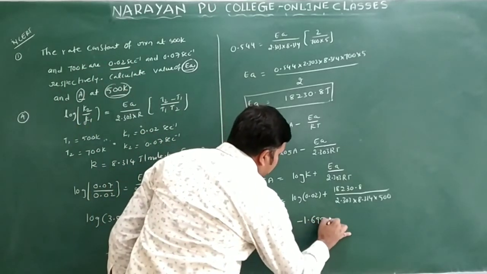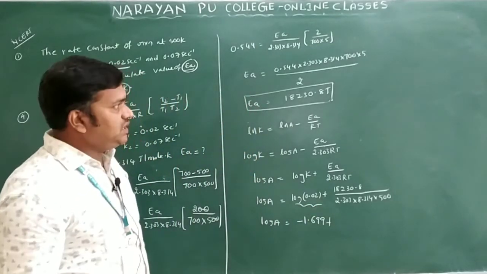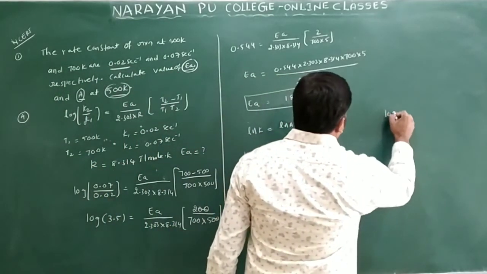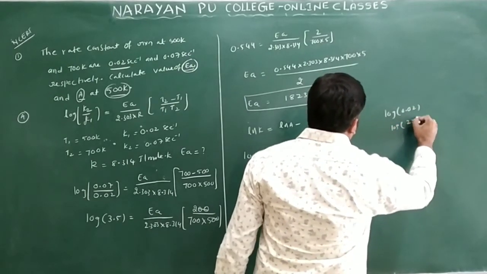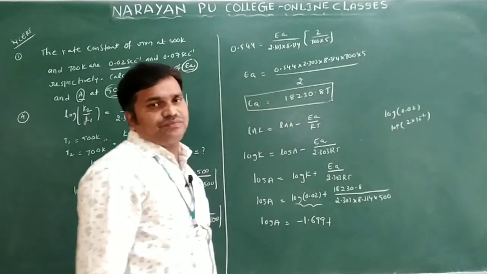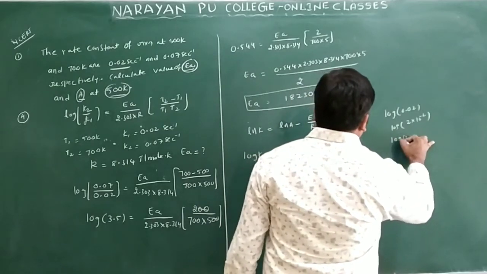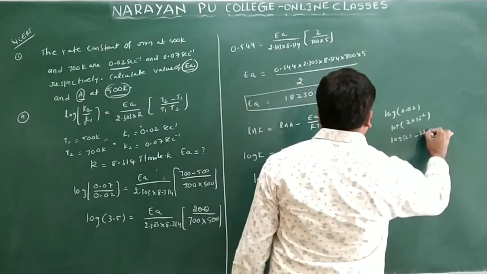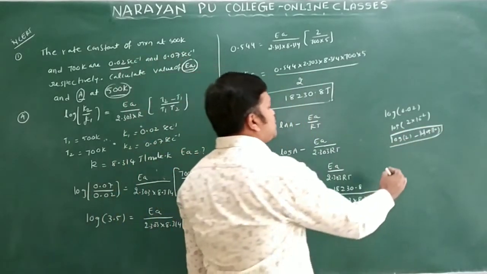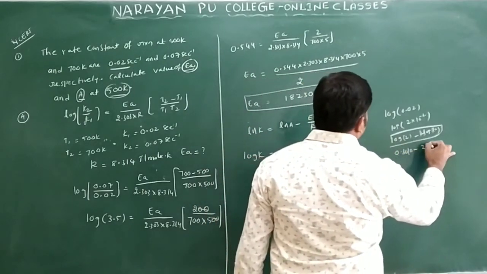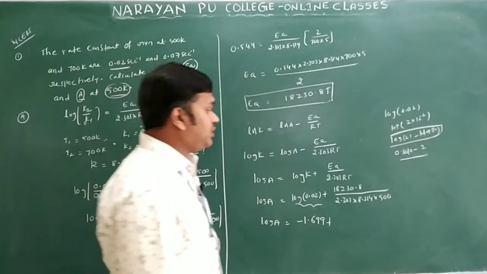How can we write it? Log 0.02 is log of 2 into 10 power minus 2, which is log 2 minus 2, that is 0.3010 minus 2. Then we will get minus 1.699. So we found log 0.02 like this.